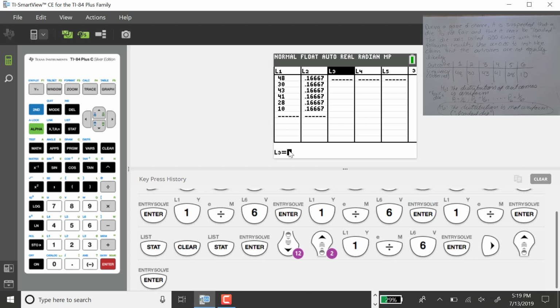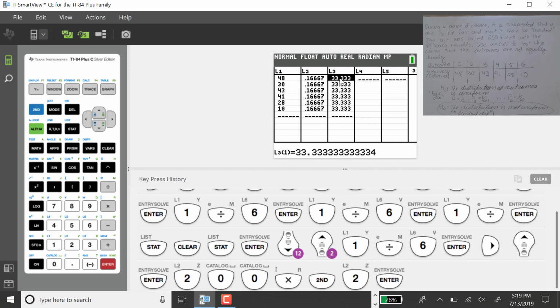The die was rolled 200 times, and if each outcome is expected to be equally likely, each expected count will be 200 times 1 out of 6. So I can just tell the calculator, take 200 and multiply it by list 2. All right, so the expected counts are all the same, and that should not be surprising.